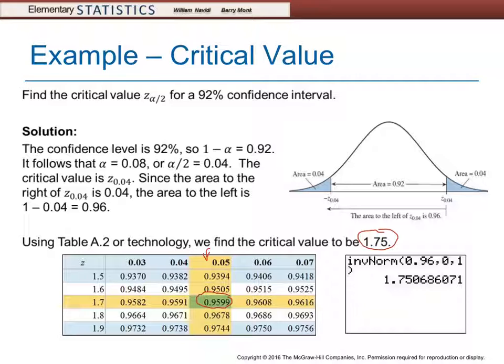And then we look at what the z value is. Again, if we were going to use technology, we use the inverse norm. We put the value of the area to the left of z, and then this is mu, and then this is, of course, the standard error, which is in this case 1.